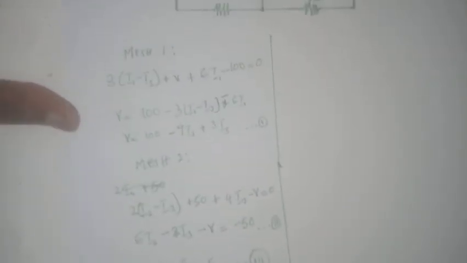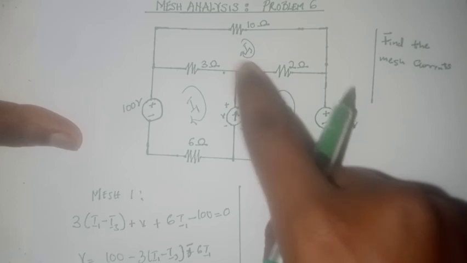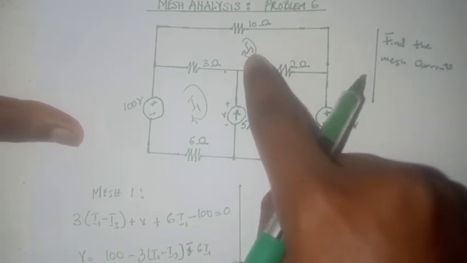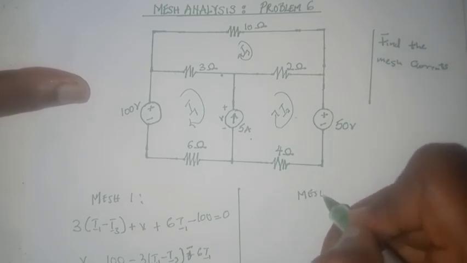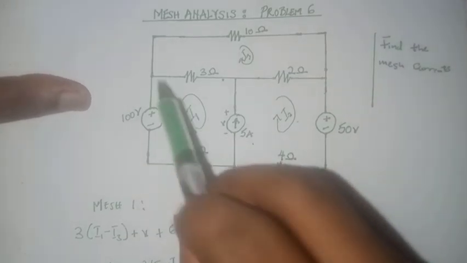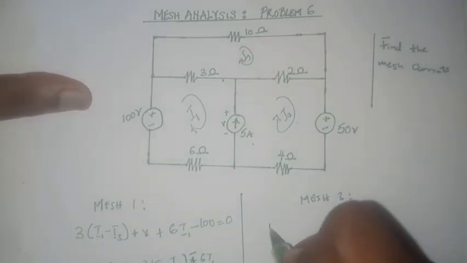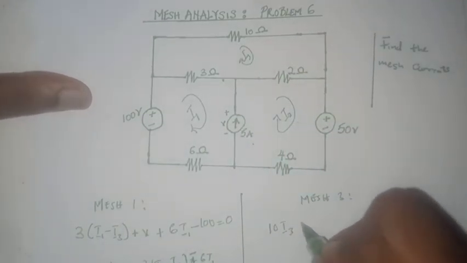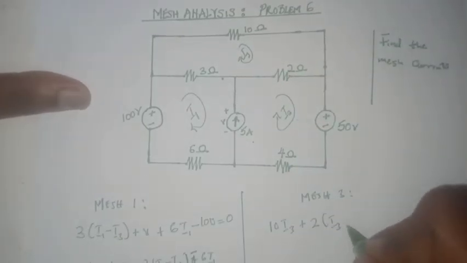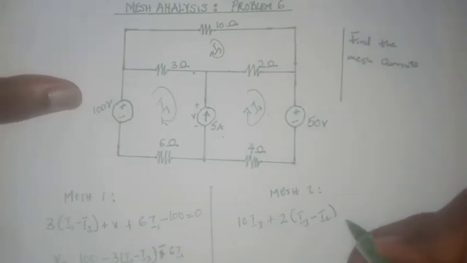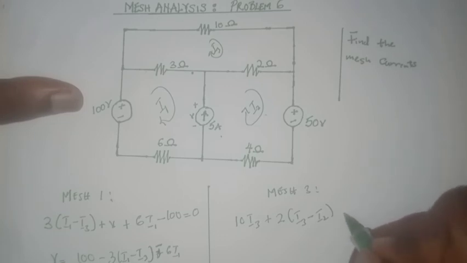Then the next thing we want to do is write the KVL equation for the third mesh. So in mesh 3, we start from here. I have 10I3, then we have 2 into I3 minus I2, then plus 3 into I3 minus I1.